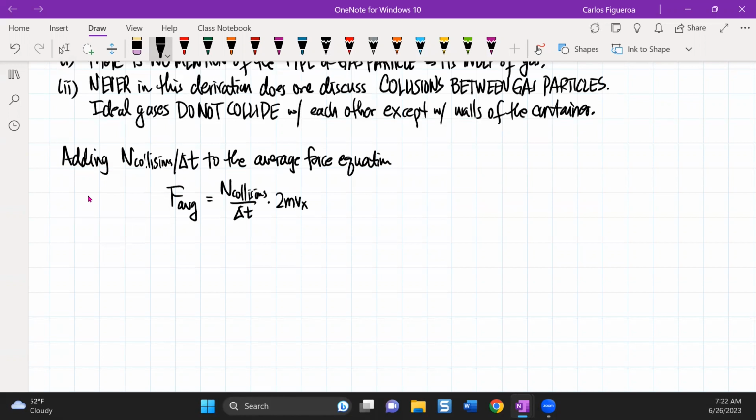So if I put everything together, look what happens here. I get n over V times the area, and look what pops up, m Vx squared. Look at this.